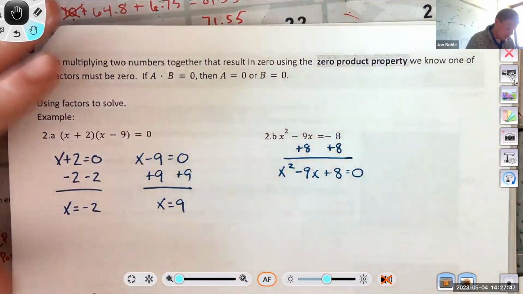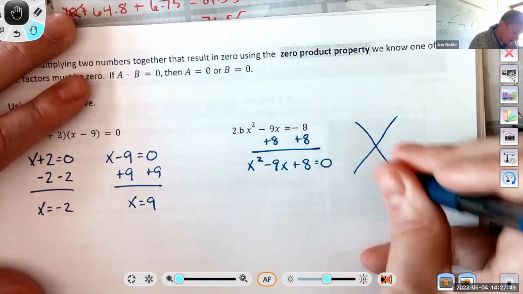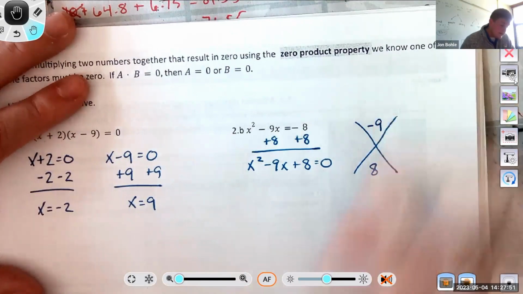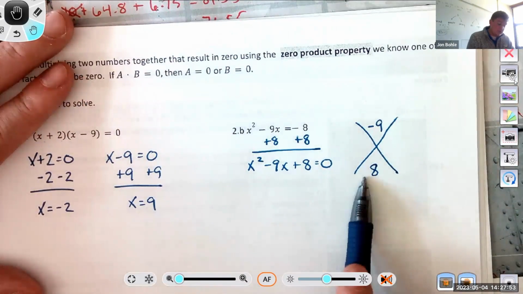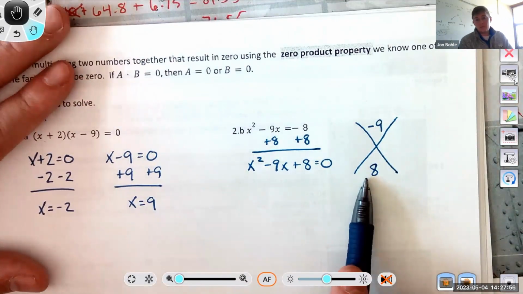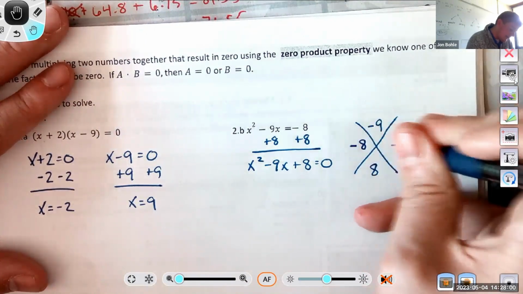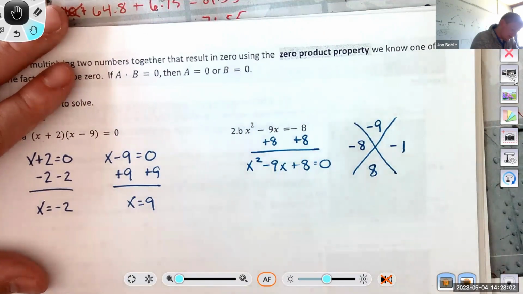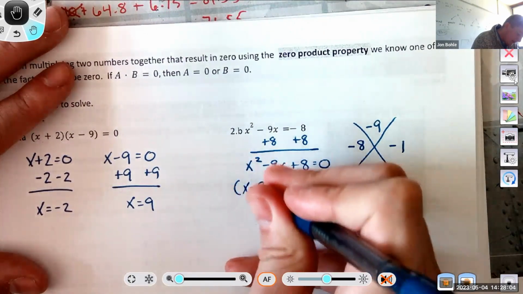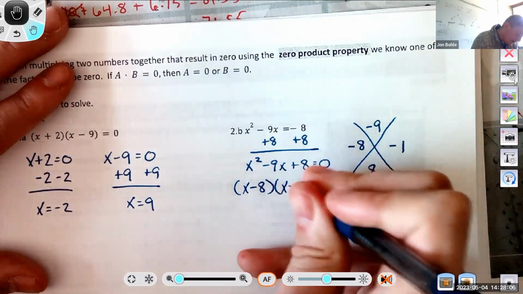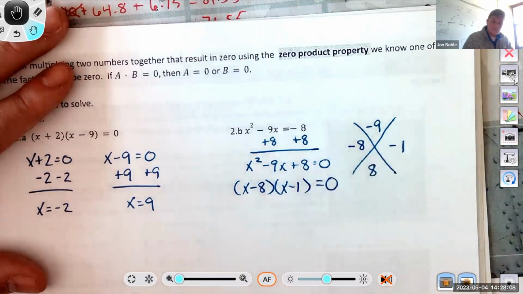So we're looking for numbers here on the side that multiply to 8 and add to -9. I'm multiplying to a positive, so I am thinking add, and this one's going to be pretty straightforward. It's going to be -8 and -1. So this means that x minus 8 times x minus 1 is equal to 0.